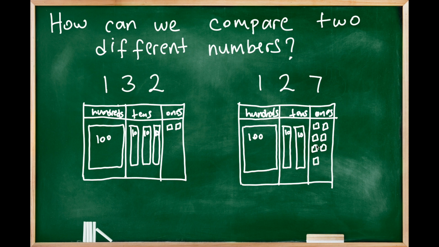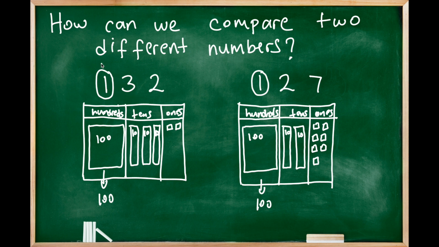Here we compare the values, to see which number has more value. We compare starting from the first digit. In each number we have 1 in the hundreds place, and that represents 100.